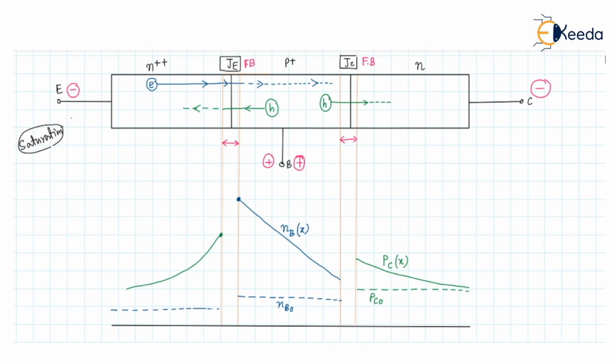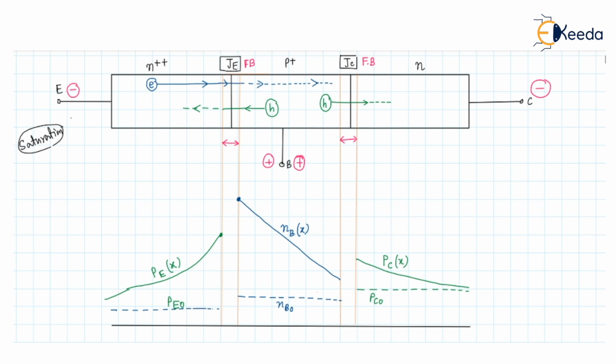So this is the minority carrier concentration inside the emitter, and it will look like this. This is P, that is the hole concentration in the emitter changing with respect to distance x, and this is PE0, that is the equilibrium minority carrier concentration.